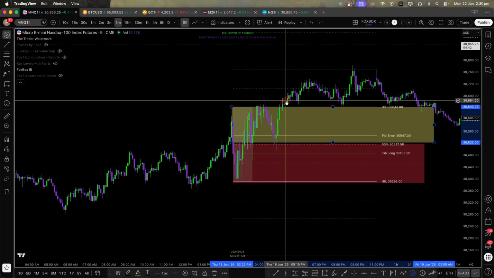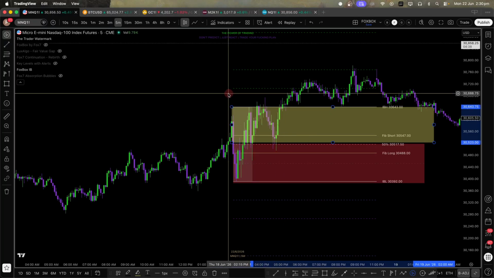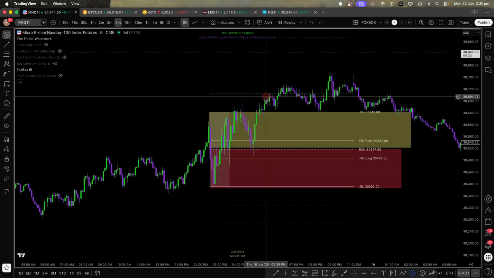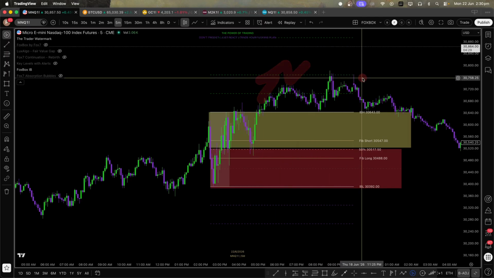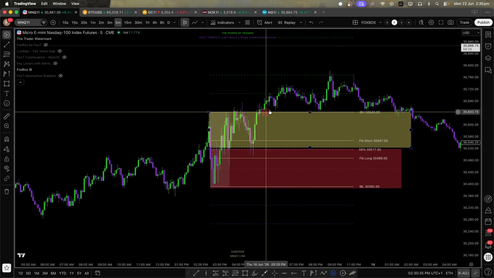So when it breaks out, it's statistically, in the entire history of NAS, because this is what it's mainly used for, there's a 70% chance that once it breaks, for the rest of the session, it will continue going that way. Which, even though this was Thursday, it did do it.